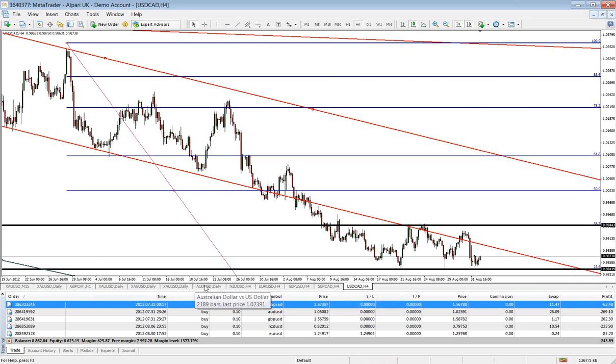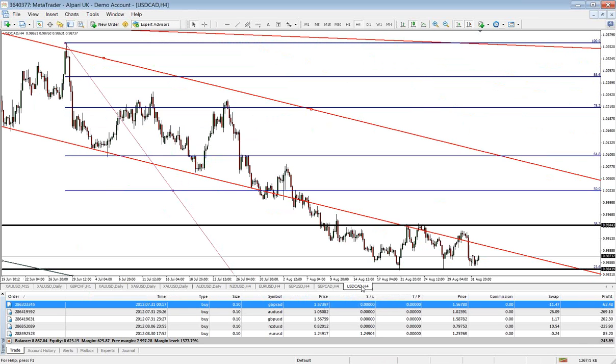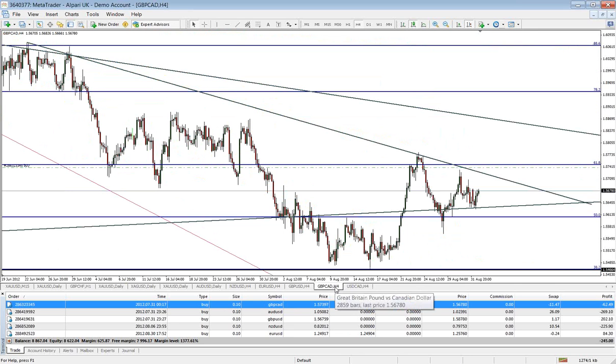Okay, so that's basically how it looks, guys. Overall, for Australian dollar, New Zealand dollar, Euro dollar, and Pound US dollar, I expect an uptrend for these four currency pairs. For Pound Canadian dollar and United States Canadian dollar, I expect a ranging market for these two pairs.